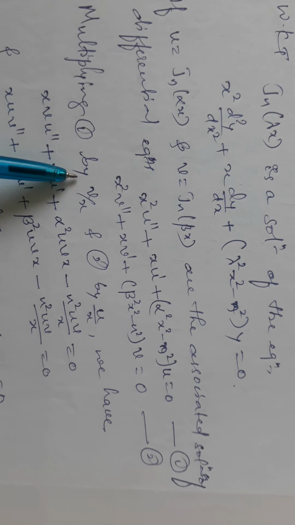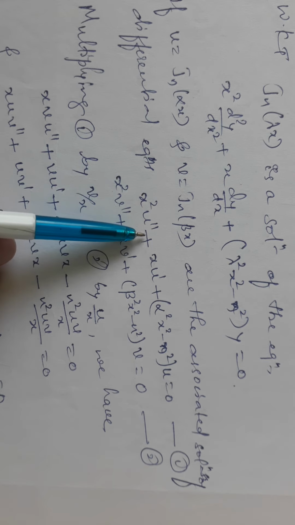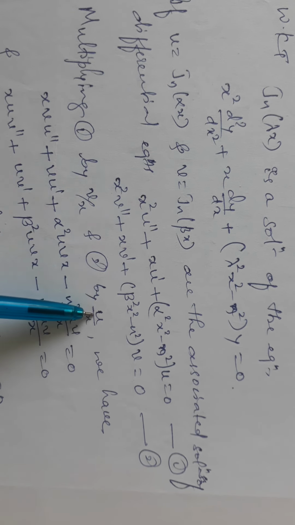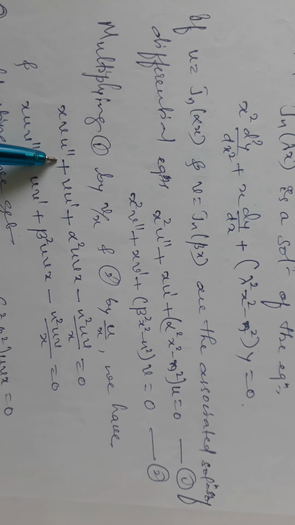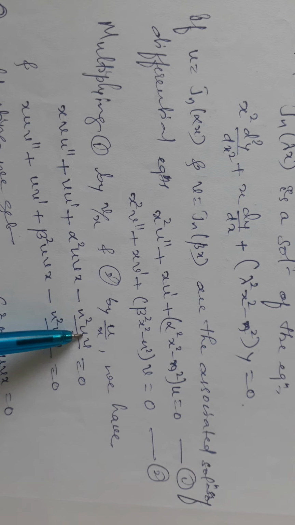Multiplying equation 1 by v/x and equation 2 by u/x, we get x v u'' + v u' + alpha² u v x − n² u v / x = 0. And from the second equation we have x u v'' + u v' + beta² u v x − n² u v / x = 0.